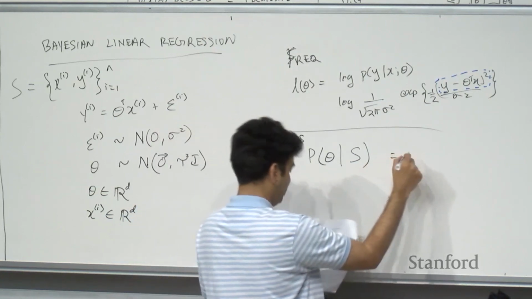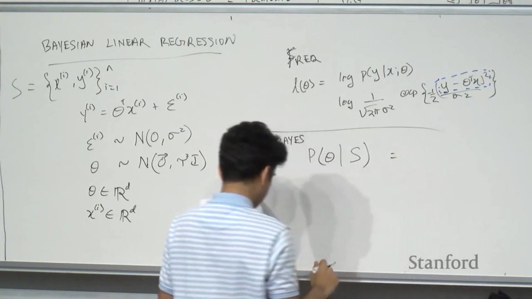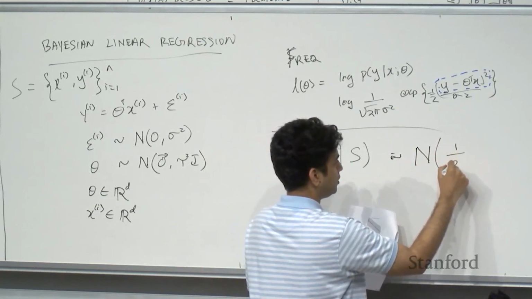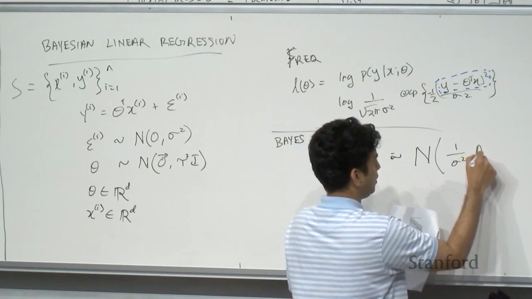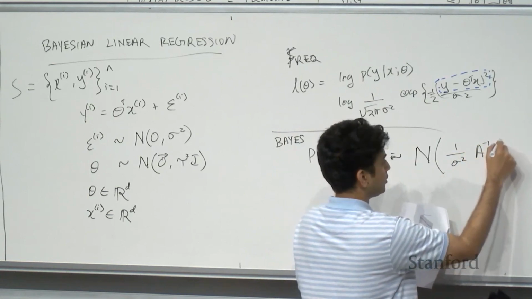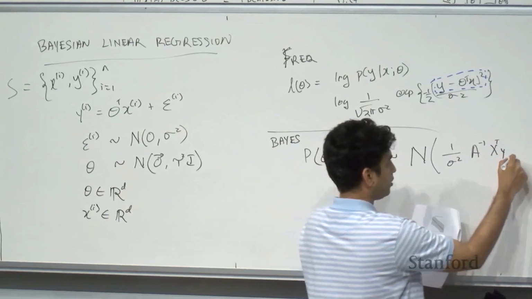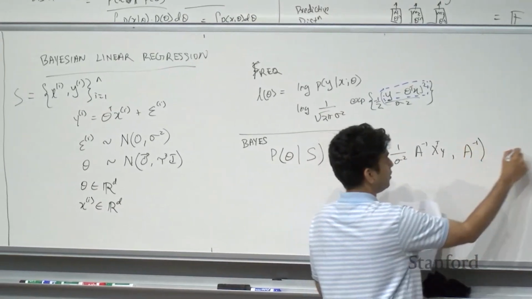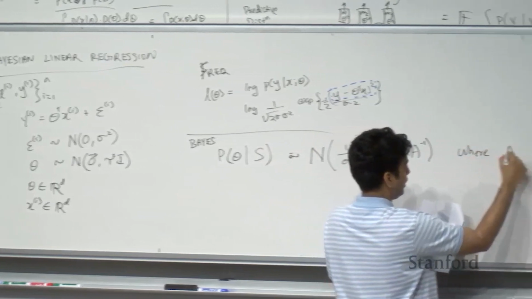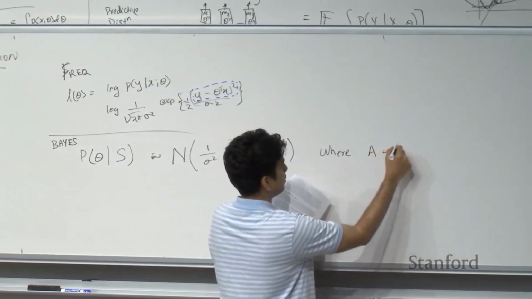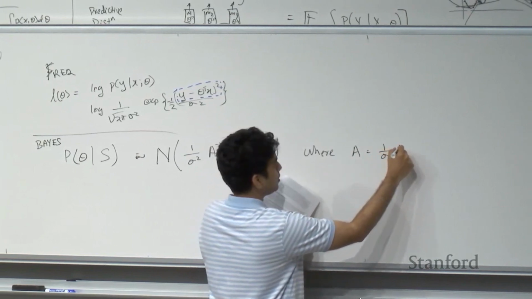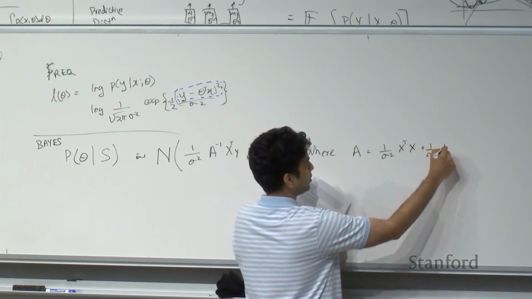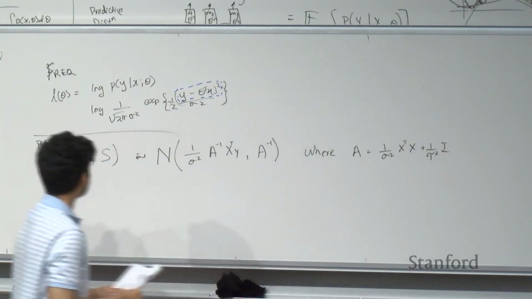Theta given S will be distributed according to a normal distribution, mean 1 over sigma square A inverse x transpose y, comma A inverse, where A is given by 1 over sigma square x transpose x plus 1 over tau square I. Right.